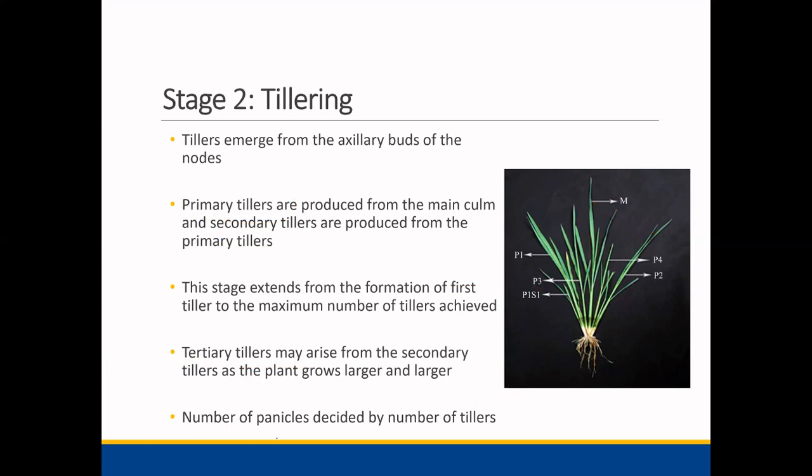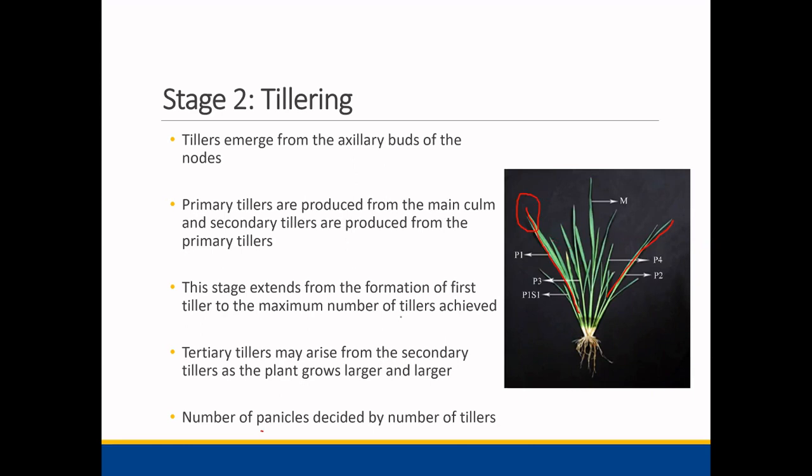And then the number of panicles is decided by the number of tillers. That's important because if a particular tiller is productive, at the top of its tip what emerges is the panicle. Panicles come out of these tillers if they are productive.